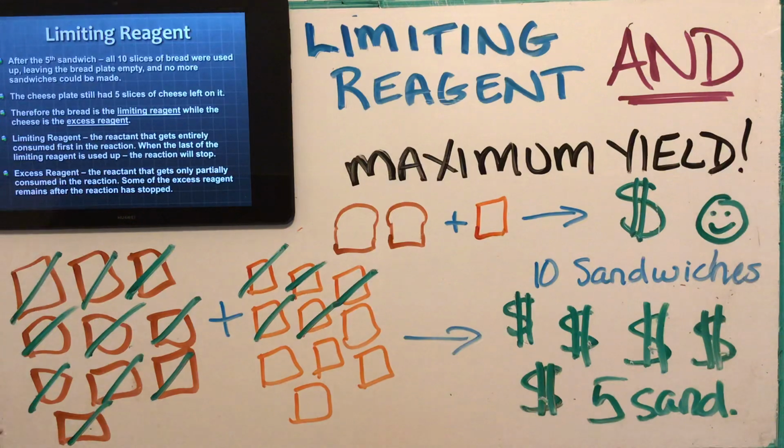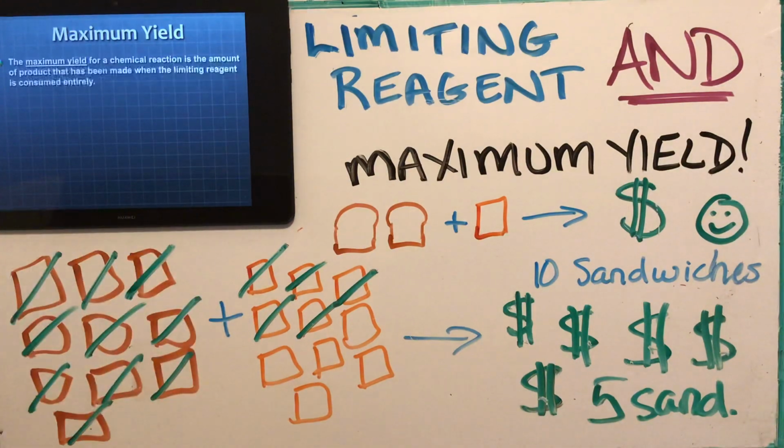The excess reagent is the reactant that only gets partially consumed when the reaction runs. I only used up some of the cheese, not all of it. I've still got these 5 slices right here. The reaction has stopped though because I'm out of bread, and my cheese plate still had 5 extra slices of cheese on it. The cheese is my excess reagent in this example. The bread is my limiting reagent. The bread limited how much product I could make.